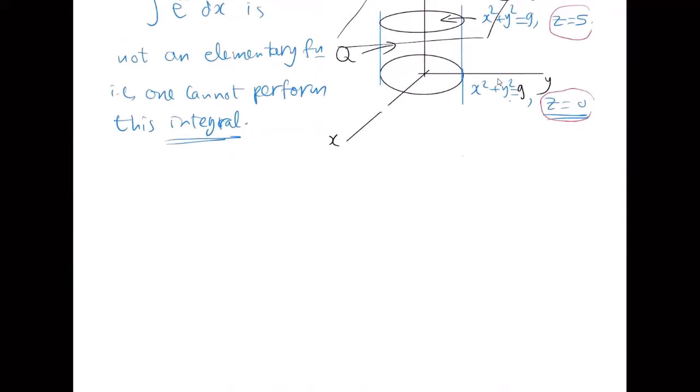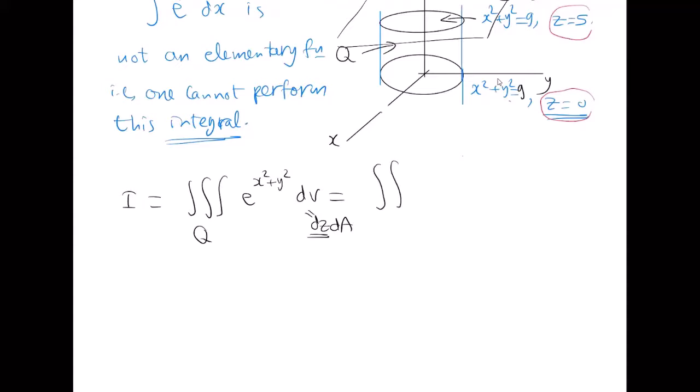So the integral over the solid is e to the x squared plus y squared dV. dV is dz dA, where dz is first and A is the region, the projection of this solid in space.